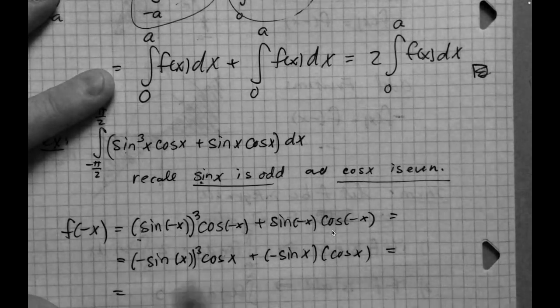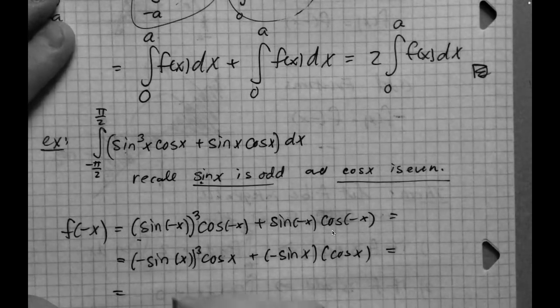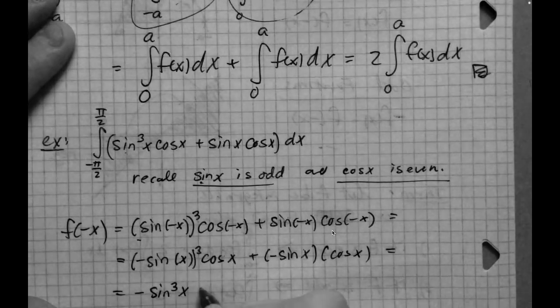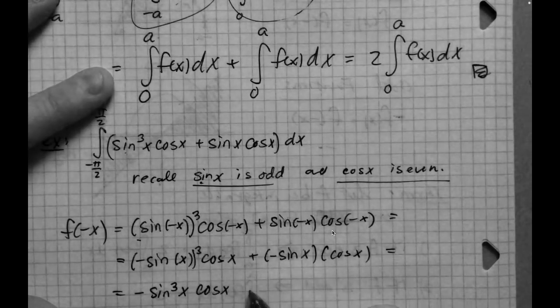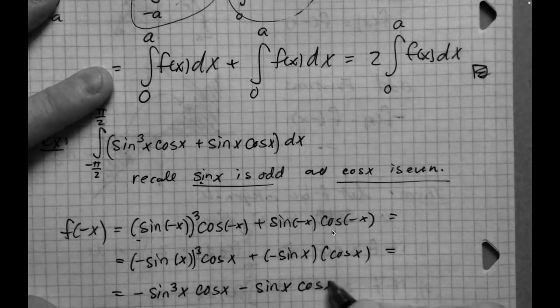And so what happens here? This would be a negative times a negative times a negative, so that whole thing is negative. And so you get negative sine cubed x cos x minus sine x cos x.